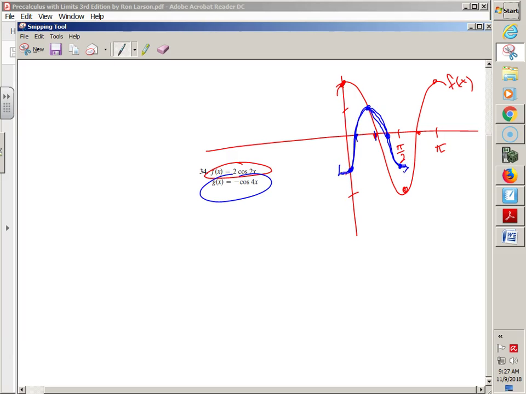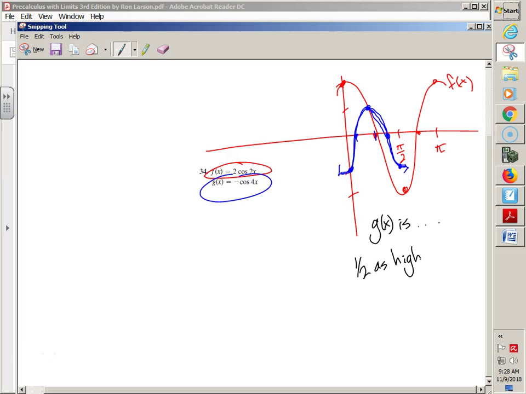Then they wanted to say, hey, comparing the two, I see, let's see if I can change to one new color. Comparing the two, the blue one, I can say g of x is, aka, a vertical shrink by a factor of 1/2 from that guy.